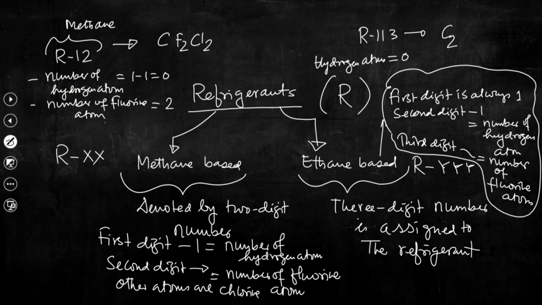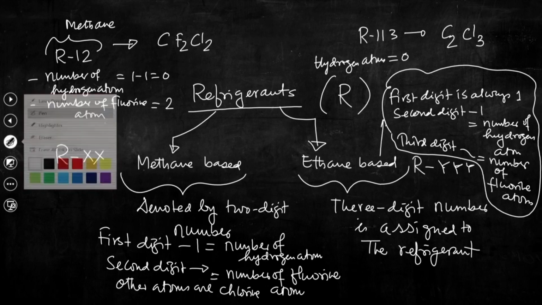Then third digit is number of fluorine atoms, that is 3. So, C2Cl3, and then remaining, there are total 8 out of this. So, basically you can understand, sorry, this should be F3.